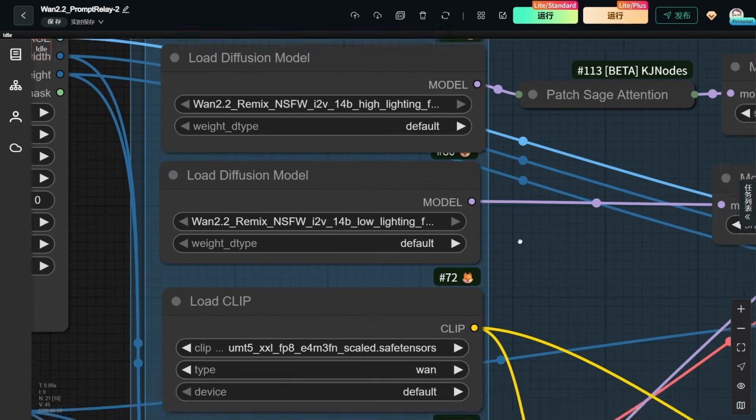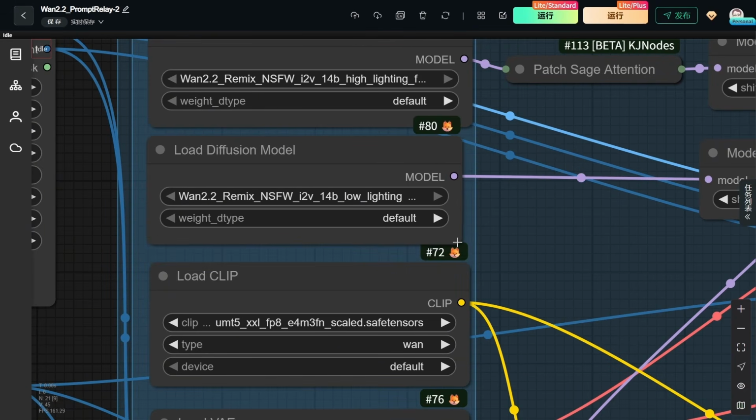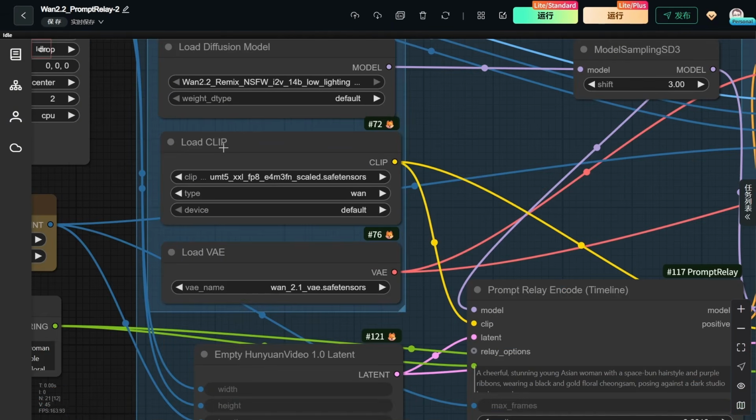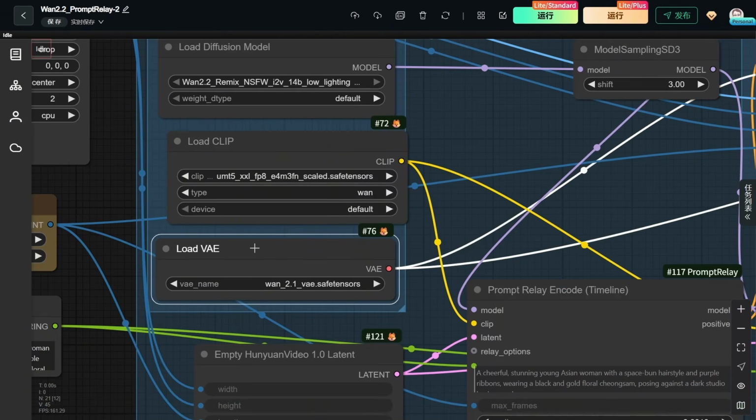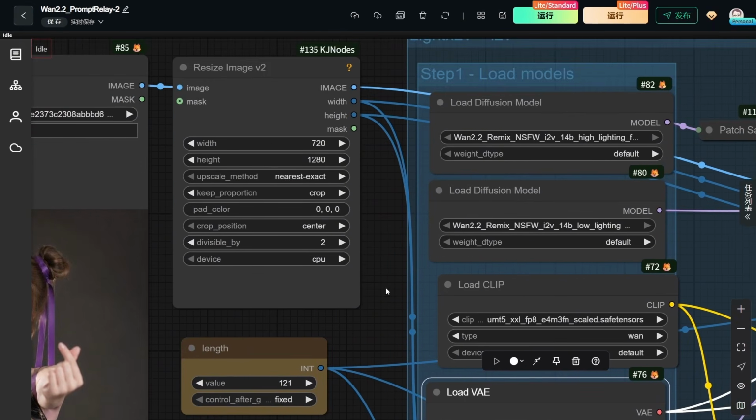I am using a fine-tuned remix model. As everyone knows, this remix model is much more proactive when it comes to expressing actions. Then, we use our text encoder and VAE. To compare it with LTX 2.3, the overall workflow settings are slightly different from the Wan 2.2 workflows we discussed before.